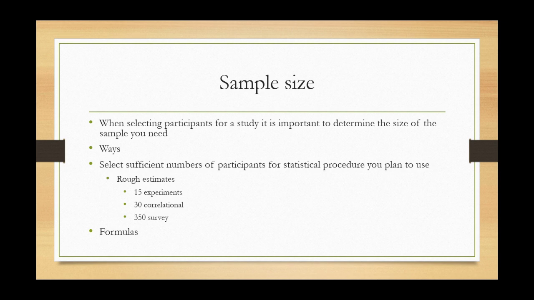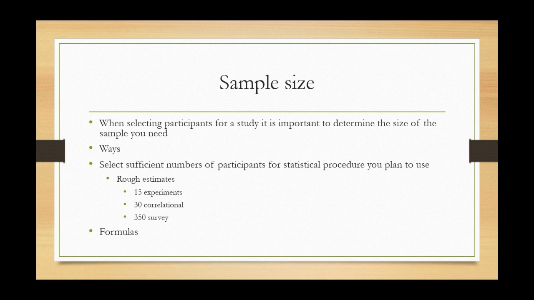Another way of determining a sample size is to use a sample size formula. A sample size formula provides a means for calculating the size of your sample based on several factors.